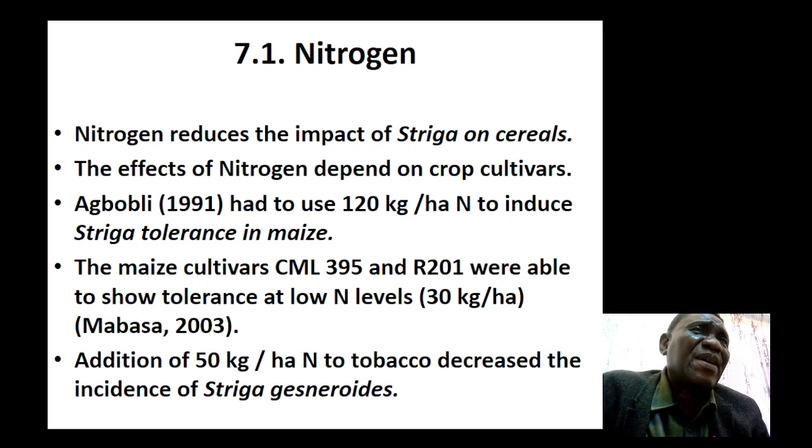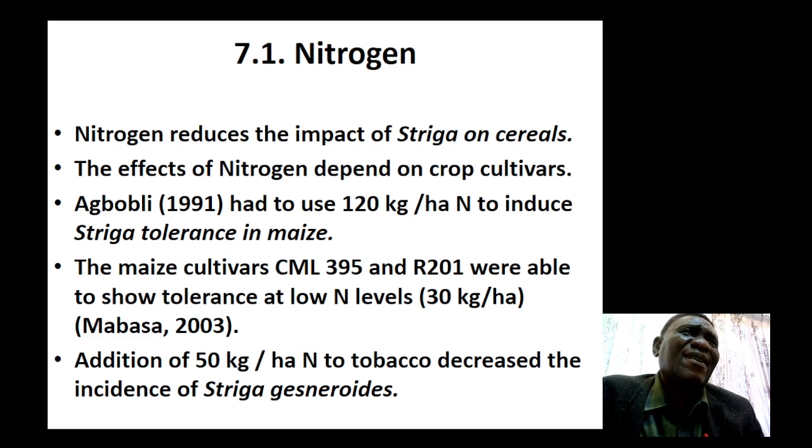So here in Zimbabwe, levels like 30 kgs were tried on CML 395 and R201, and were also found to be effective. In tobacco, 50 kgs per hectare were tried and found to be effective in reducing Striga gesnerioides.